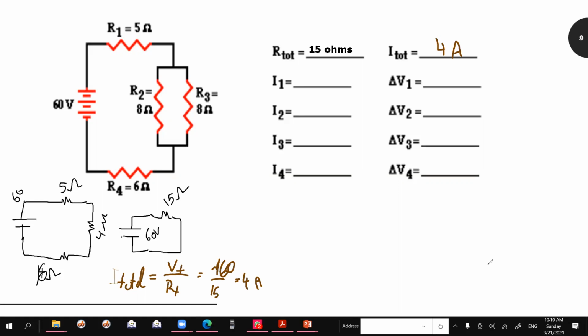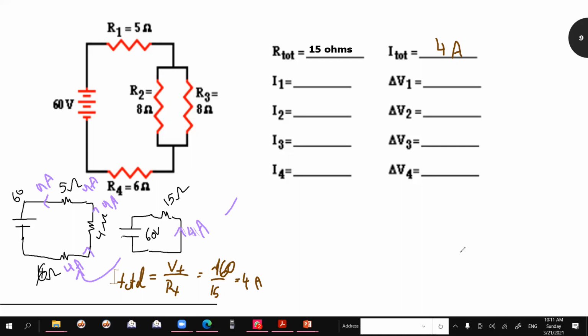Now, focus with me now. If the I total on the simplest circuit here, that enters the circuit, is 4 ampere, that means if we come back to the circuit, the current here will be 4, because we say that all of these resistances are connected in series.